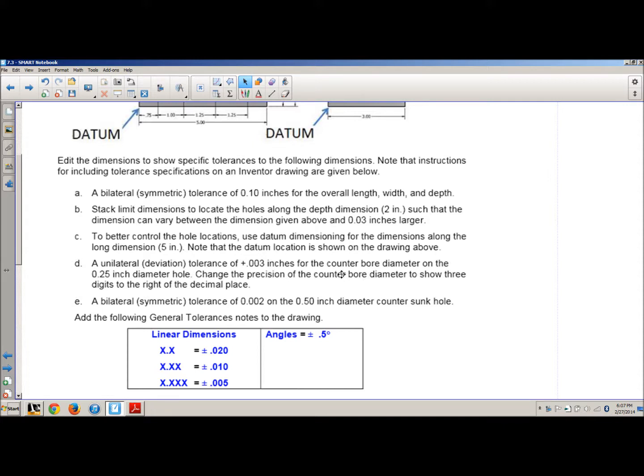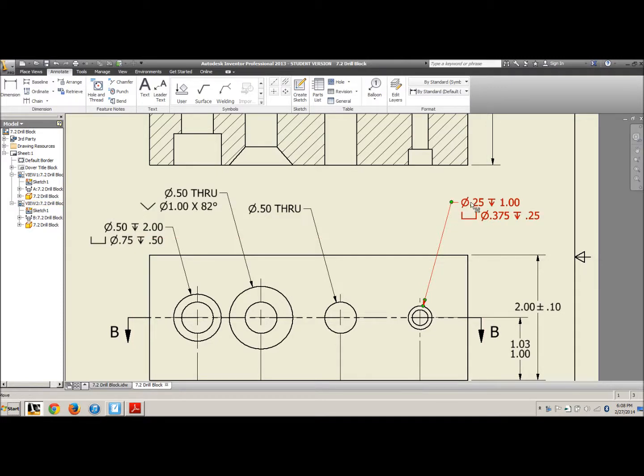And of course you got to show 3 decimal places on counter bore diameter. So counter bore diameter on the 1/4 inch hole, that's this one. That's the 1/4 inch hole, because the other counter bore is a 1/2 inch counter bore. So we already changed that to 3.